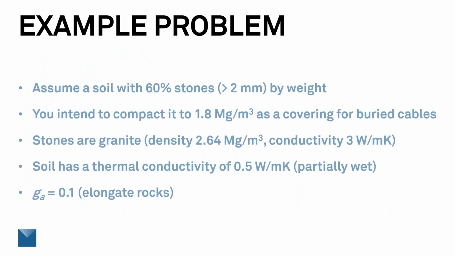So to make sure that you understand the things that I've covered here, let's work through a problem. Assume that we have a soil profile like the one I showed you in the second picture.